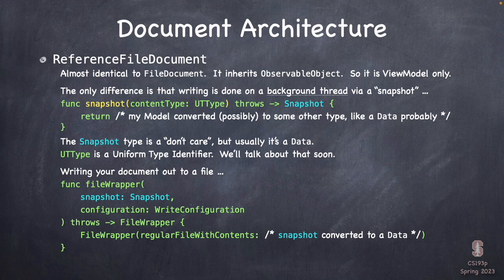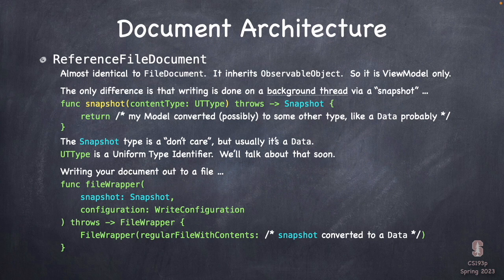So that's why a lot of times we'll make snapshot be of type data. But if it wasn't, if it was of type emoji art, which would be legal, then here we would be doing convert, right, do JSON, call the JSON function that throws, we'd be trying it, all that stuff. We could do that here. And that's all there is to doing reference file document.